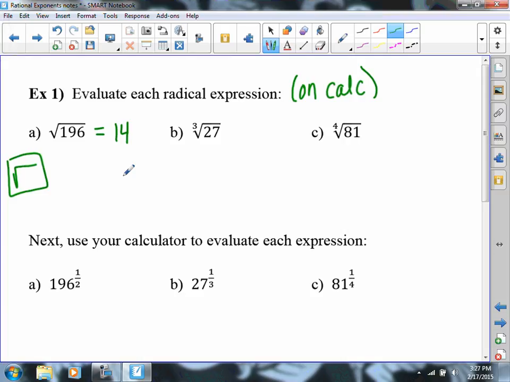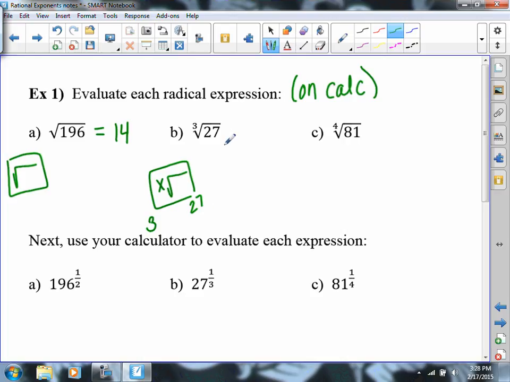Now, if we're going to do a cubed root or a fourth root, like we have here in part B and C, you need a little different key. The key on your calculator might have an x and then the square root symbol. So for this one, depending on the type of calculator that you have, the model that you have, you might have to do 3 and then the button and then 27, or you might have to reverse it and do 27 and then the root button and then the 3.